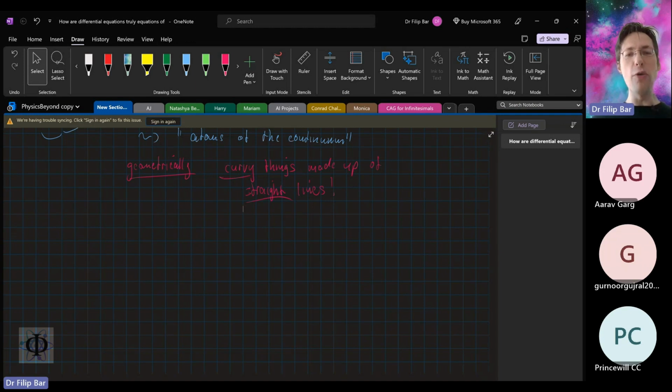So he called them ghosts of departed quantities, right? Because you could just get rid of them when you didn't need them, and you work with them when you needed to use them. So I think John Locke's ghosts of departed quantities is actually a really good description of what infinitesimals are. They're not really there, but they're somehow there, and they somehow contribute, and then they really don't. So this is all very dodgy.